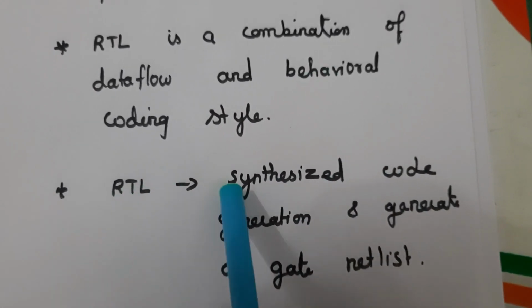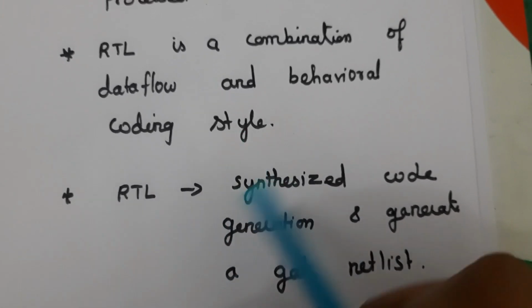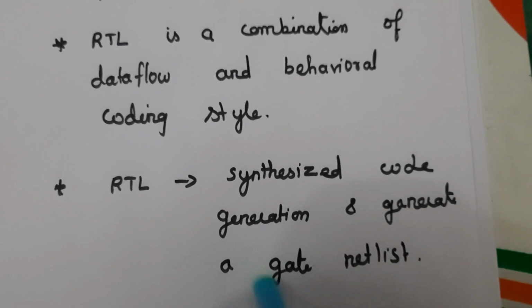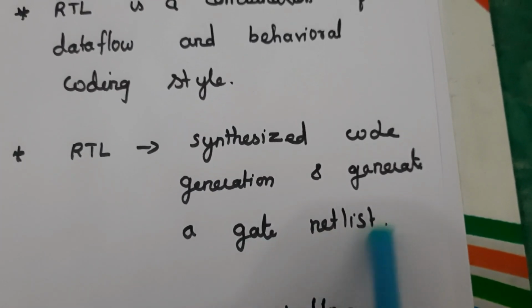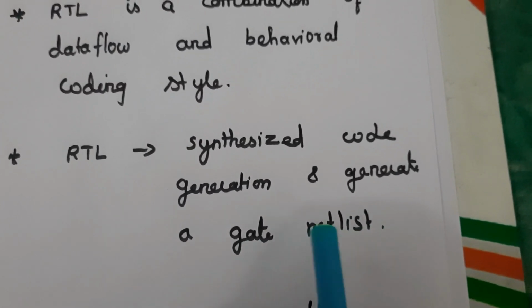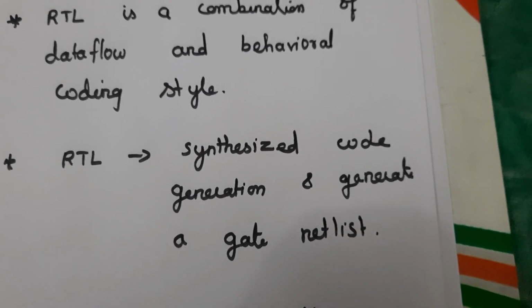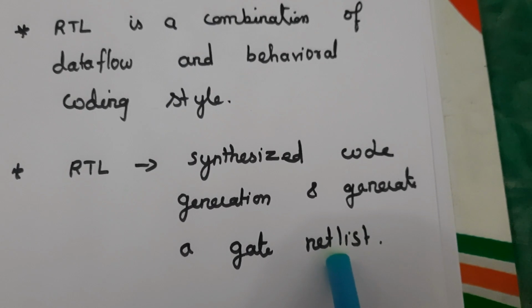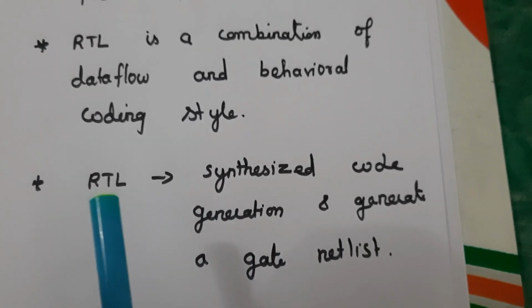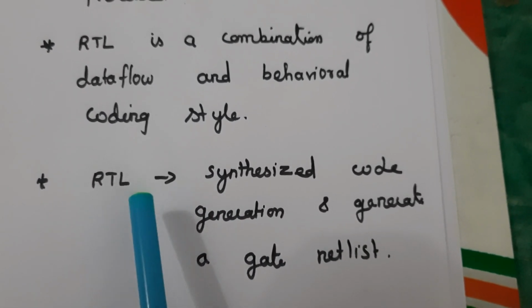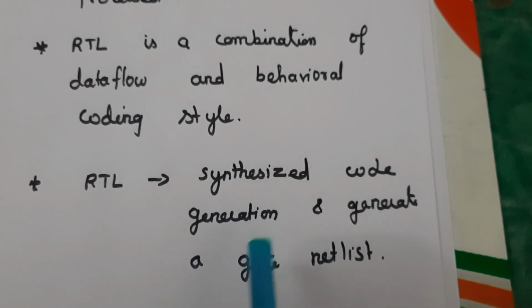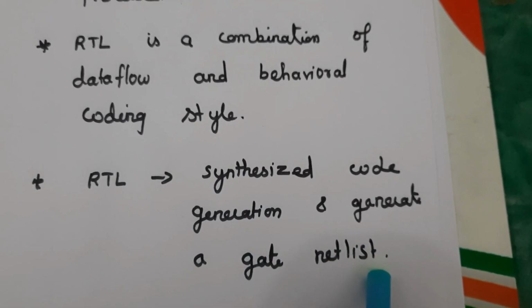So RTL converts that code into synthesizable code and generates the gate netlist. The generation of the netlist is very important to find the amount of gates needed to construct a system. So this RTL, register transfer level, is used to generate the synthesizable code and also generate the gate netlist.